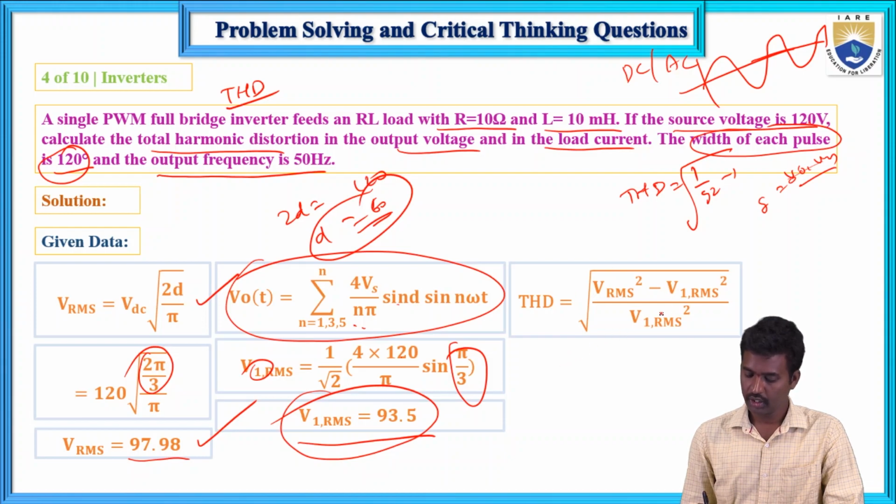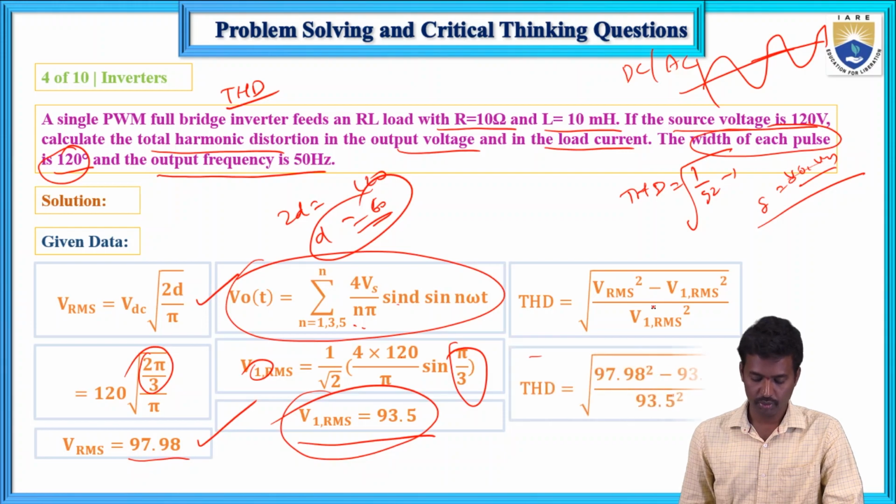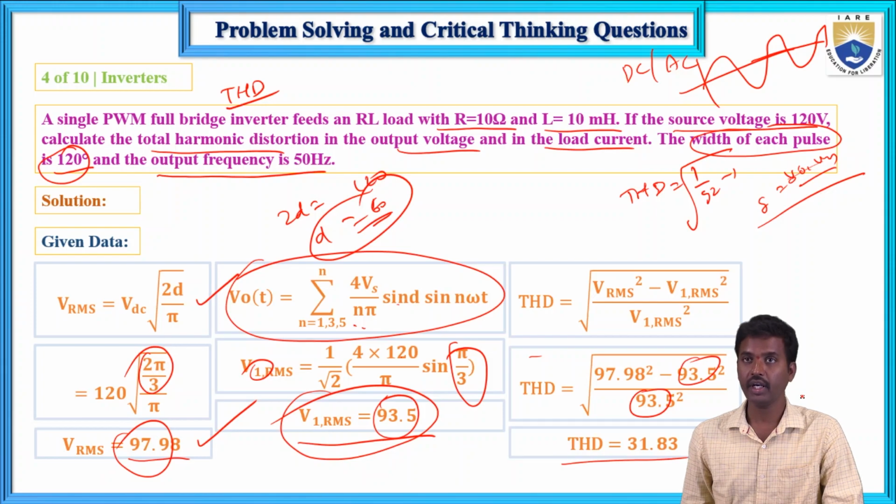If you simplify that, it is the total RMS output voltage square minus the fundamental RMS output voltage square, divided by the fundamental output voltage square. If you substitute the fundamental RMS output voltage 93.5 and the total RMS output voltage, the THD value is 31.83.